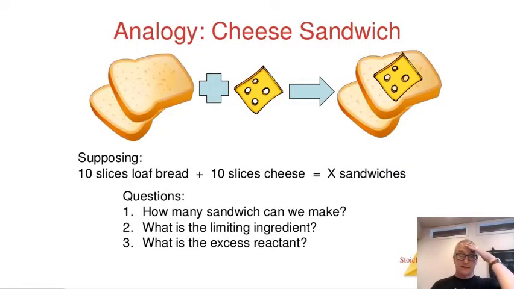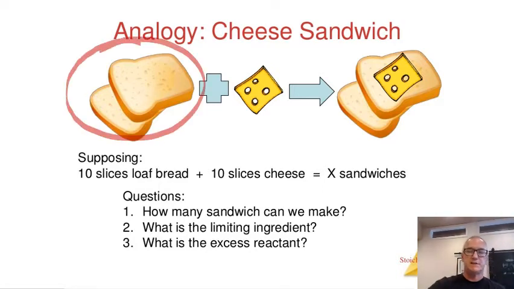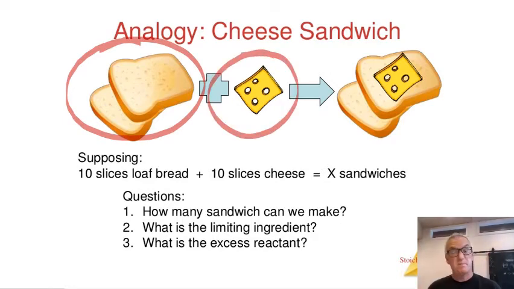So this is an analogy that's used a lot. Making cheese sandwiches. You're making a grilled cheese sandwich. To make a grilled cheese sandwich, you need 2 pieces of bread and one piece of cheese. I use more than 1 piece of cheese myself, but yeah, 1 piece of cheese. That gives you a cheese sandwich.